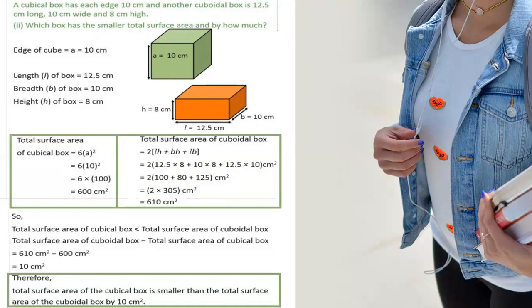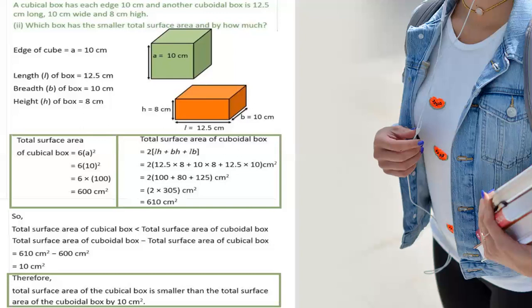Substituting the values of L with 12.5, B with 10 centimeters and H with 8 centimeters, we get 610 centimeters square. So here you notice that the total surface area of a cuboid is greater than the total surface area of a cubical box.